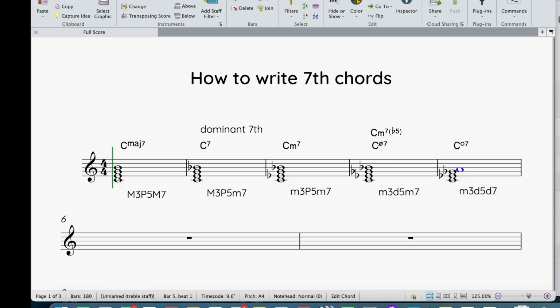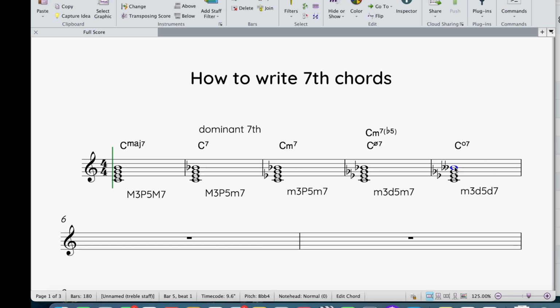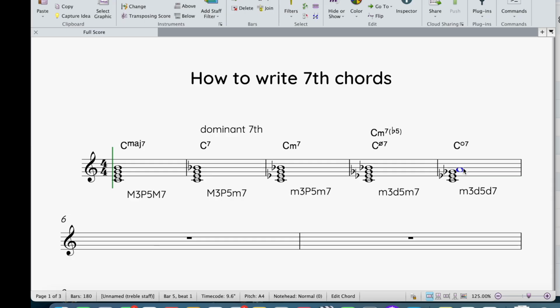From a theoretical point of view, it's a nightmare, because how am I supposed to understand that a diminished 7th ends up being the A above C? Well, the major 7th is the B natural, the minor 7th is the B flat, and then the diminished 7th is the B double flat. But B double flat is the same as the note A. So inevitably you will see people use an A.